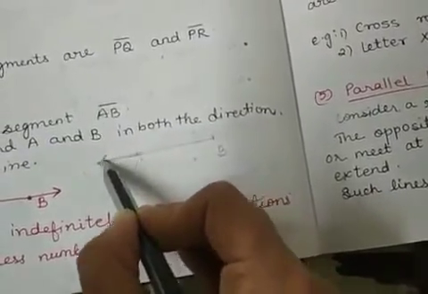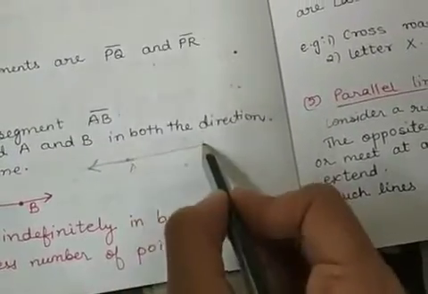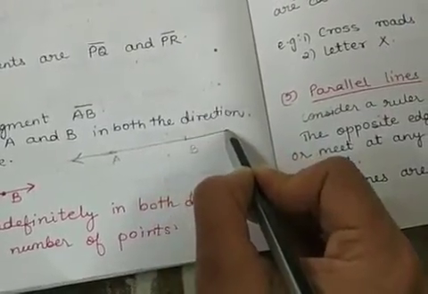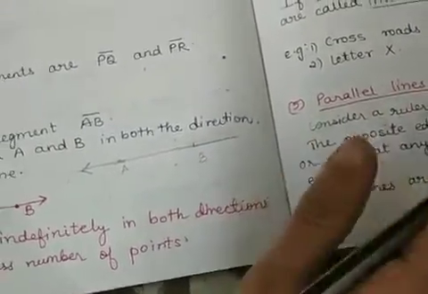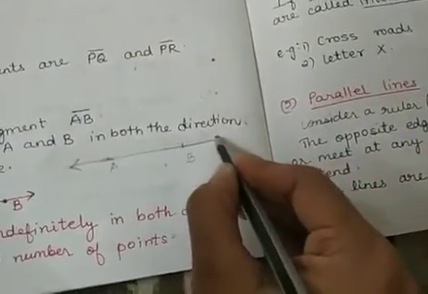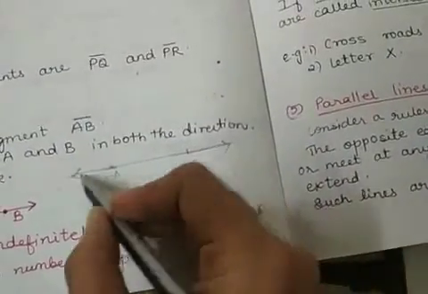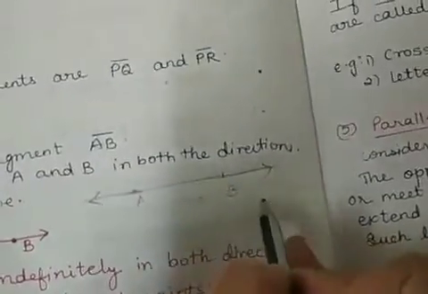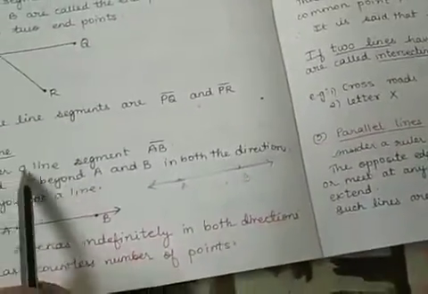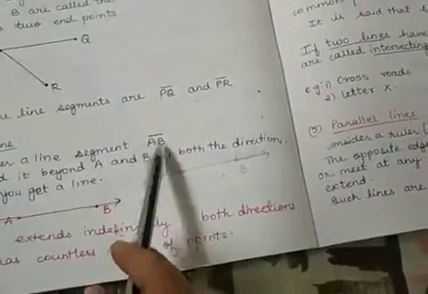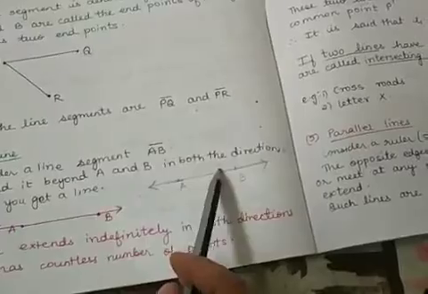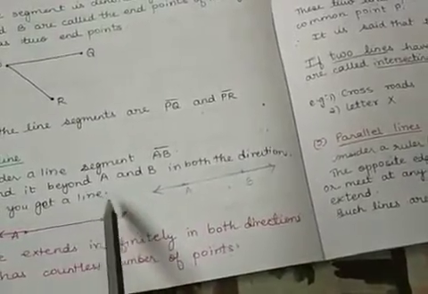Similarly, this line segment is extended in this direction also, and to show that it is extended indefinitely, I put an arrow here. Then the figure that I get here is called a line. So if you consider a line segment AB extended beyond A and beyond B in both directions, what you get is a line.